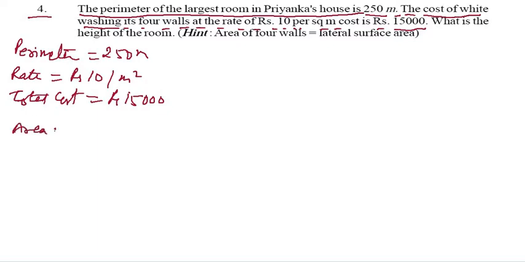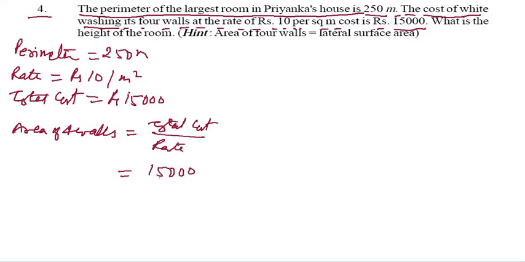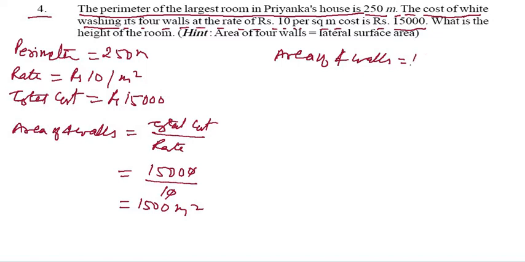So you can say area of 4 walls is equal to total cost upon rate. So total cost is 15,000 and rate is 10. So that one we cancel out. So it is 1500 meter square. Now area of 4 walls you can write here: area of 4 walls is equal to perimeter into height.